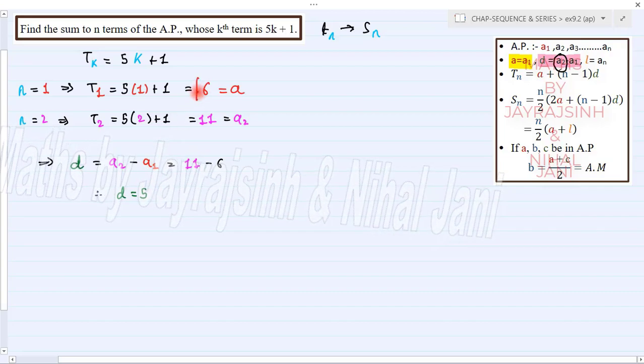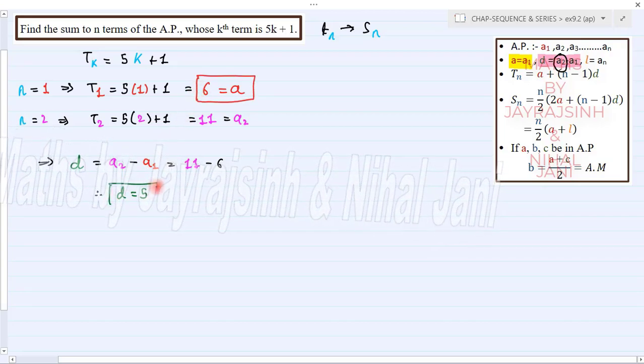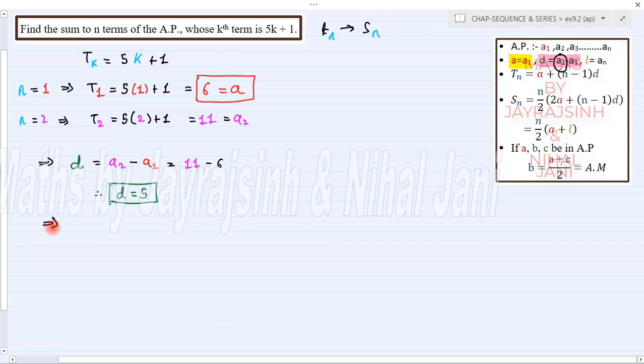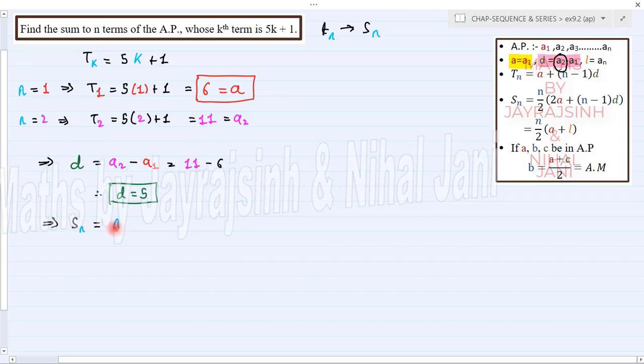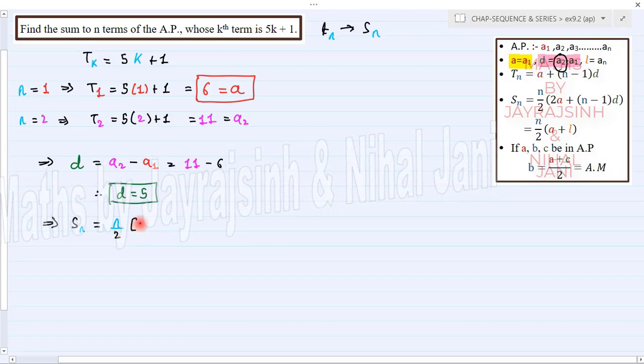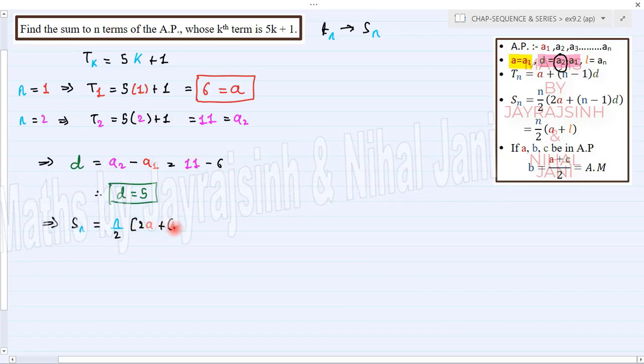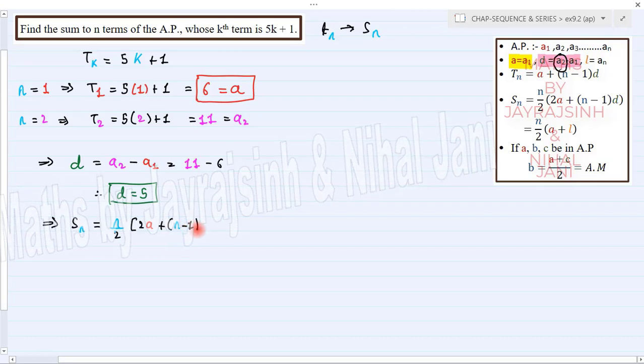So, we get the first term and the common difference, and we are ready to obtain the formula of summation of n terms, which is nothing but n by 2 into 2 times a plus n minus 1 into d.